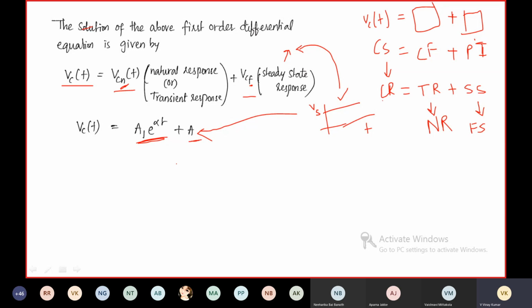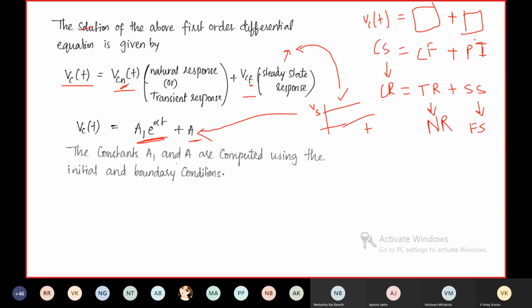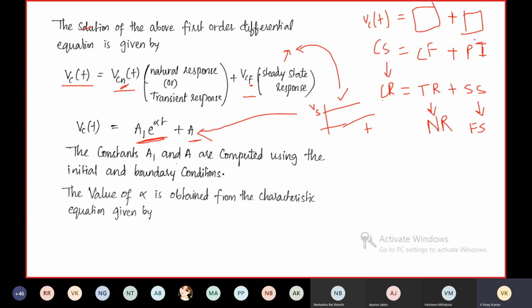Okay, let us find alpha. a1 and k are computed using initial and boundary conditions. Alpha can be obtained from the characteristic equation. You know, right, what is the characteristic equation?